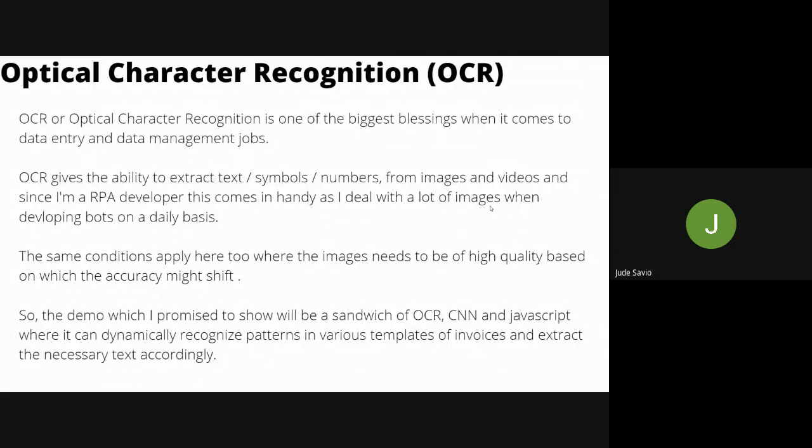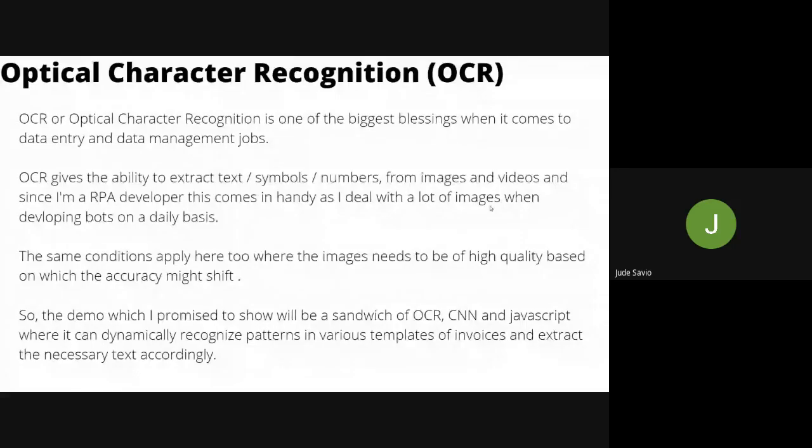One of the best OCR engines we have currently out there is from Google, called Tesseract OCR. And since I'm an RPA developer, this comes in handy as I deal with a lot of images when developing bots on a daily basis, bots in this case being RPA bots, robotic process automation bots. The same conditions apply here too: the images need to be of high quality, based on which the accuracy might shift.